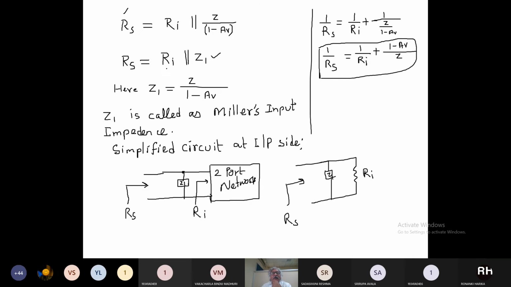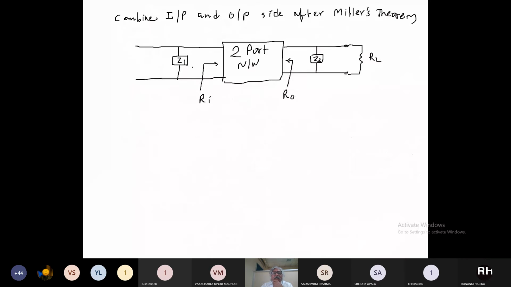This RS is the parallel combination of Ri and Z1. So RS will be replaced by the parallel combination of Z1 and Ri. In this way, we have done this analysis.